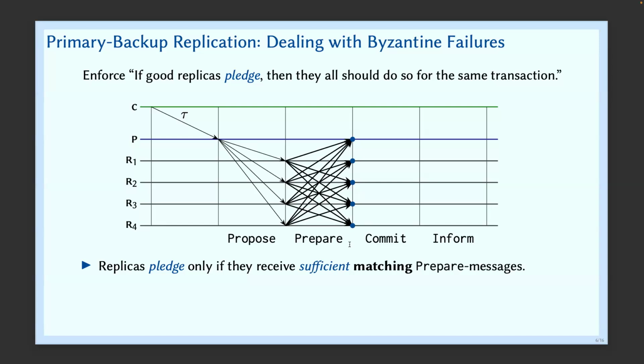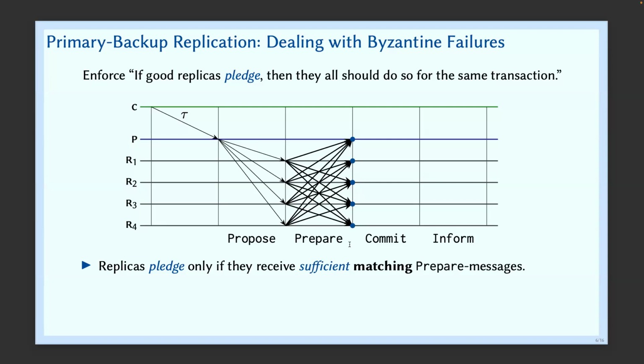We have F plus 1 good ones, F bad, and then F good replicas in the dark. They don't know what happened. They haven't seen anything. Now if I were to form a recovery core, I need 2F plus 1. In my recovery quorum, these guys could participate. So we have F people who say nothing happened because they didn't see anything.